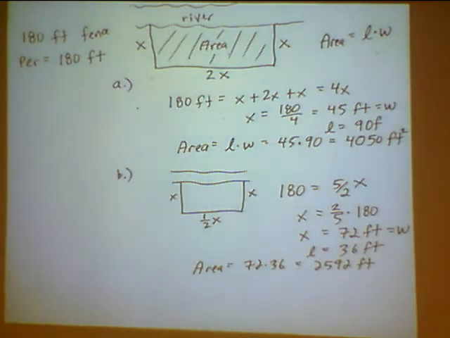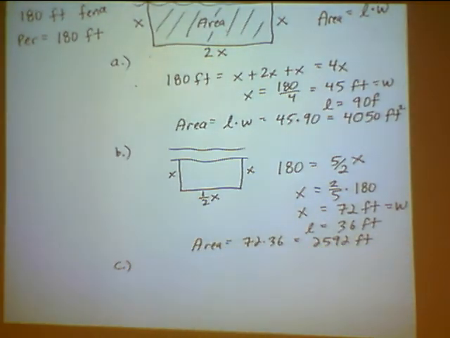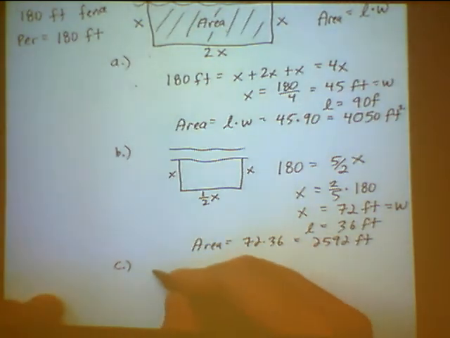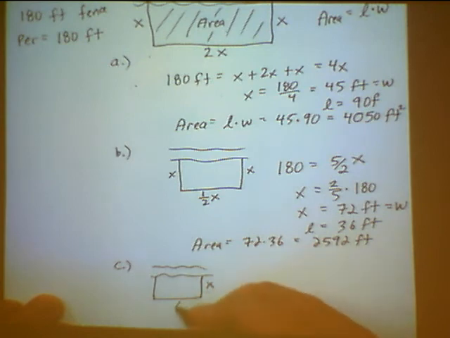All right, now there's one more scenario. Part C. Part C says that the side opposite the river is actually the same length as the other side. So if this is x, this is going to be x.